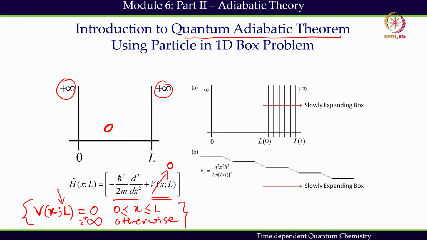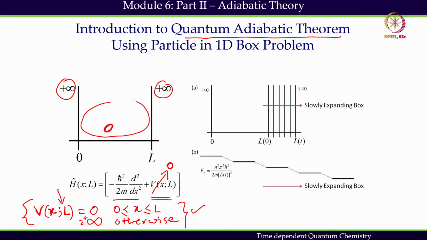In general, this is not done in the popular quantum mechanics books because they assume that L is constant and V is 0. We directly write it down that way. The defining condition of the potential term which I have written here mandates that the particle remains completely free inside this box.